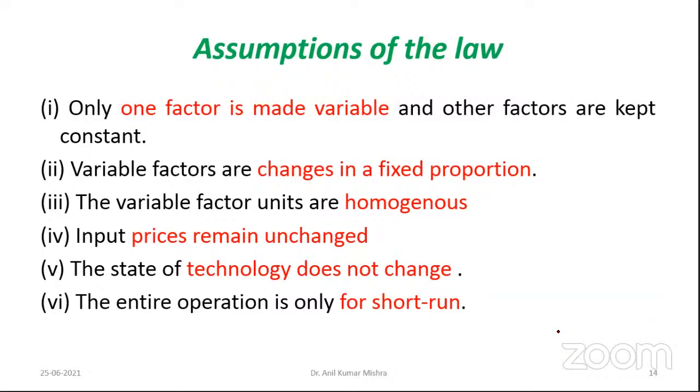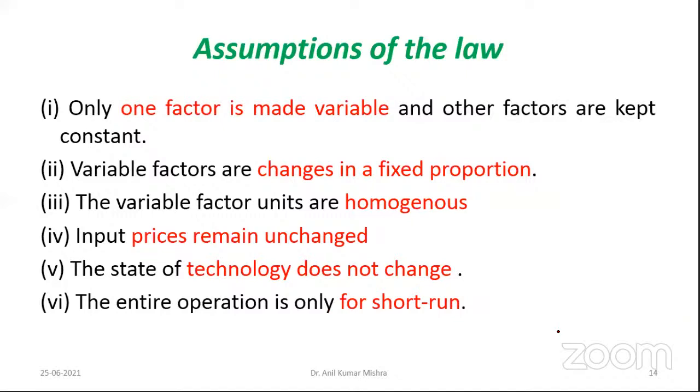That means the productivity power of each and every laborer remains the same. The cultivation power of each and every land is treated as the same. That is called homogeneous. Then input prices remain unchanged.